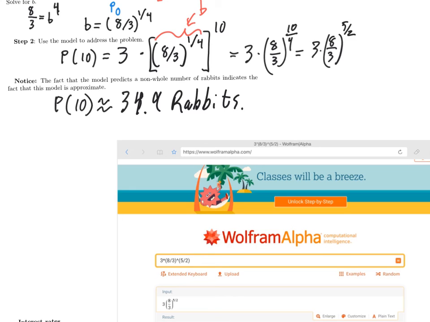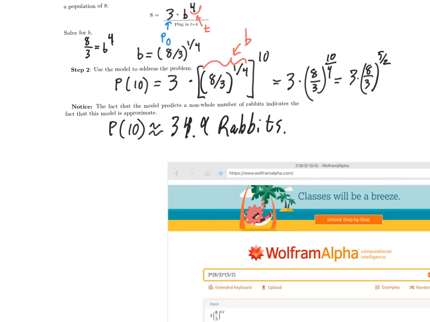And there's one thing that you'll notice. This is not a whole number of rabbits. This is a decimal number of rabbits, which you might object to, saying that doesn't make sense. But we're just accepting that this is an approximate model. So it's predicting, if the growth of the population of rabbits were truly exponential and continuous, which it kind of isn't, right?